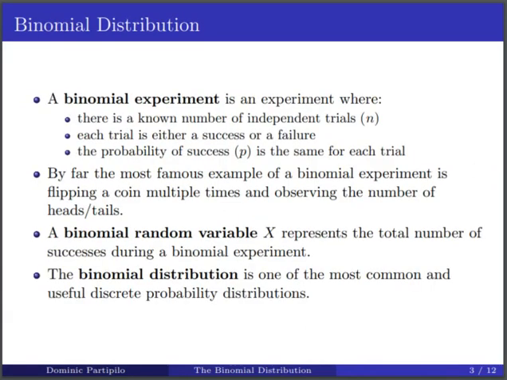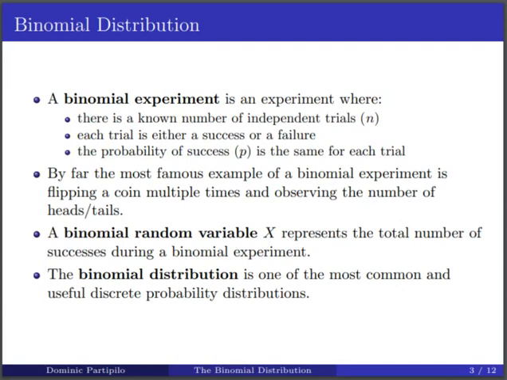So now let's talk about the binomial distribution itself. A binomial experiment is an experiment where there's a known number of independent trials, so we're going to call this n. Each trial is either a success or a failure. So you can think of any type of binary outcome. The most common one is going to be heads versus tails.